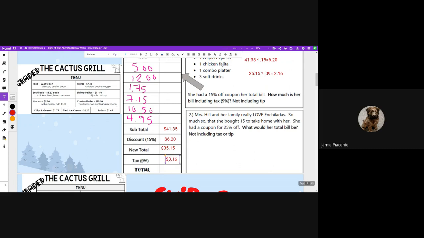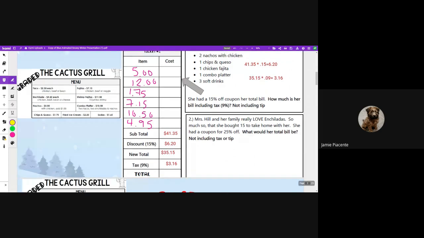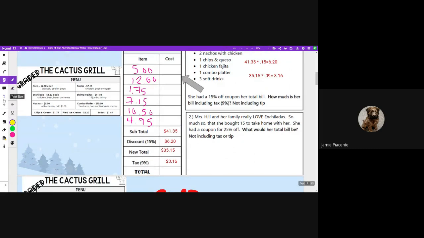Okay, now to find the total, we're going to take our new total and our tax and add those together. So 35.15 plus 3.16. So we get 38.31 for our total.